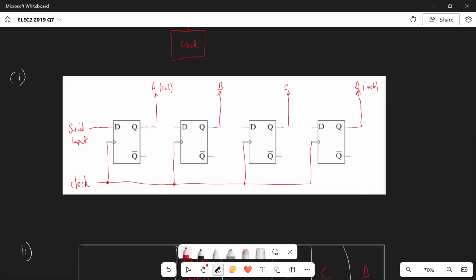And because this is a shift register, the Q's are linked to the next D, so we're going to link these across. And there we've got our CPO.